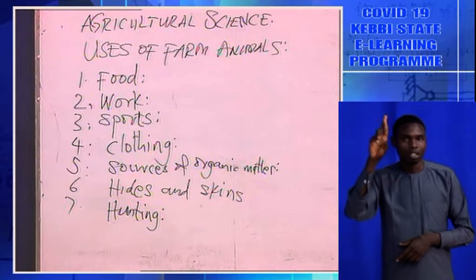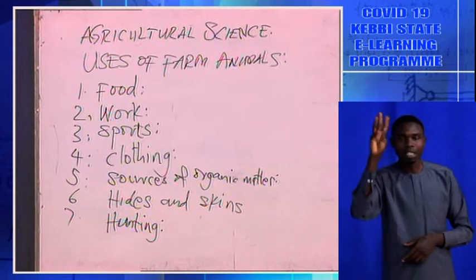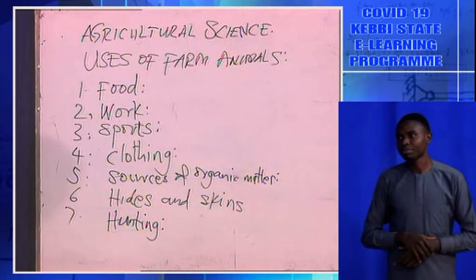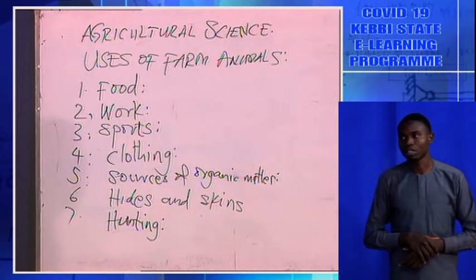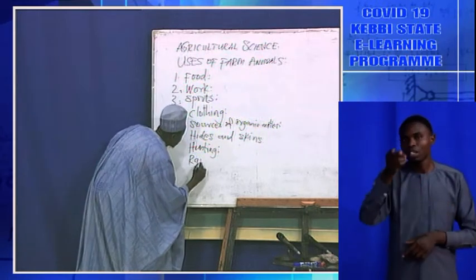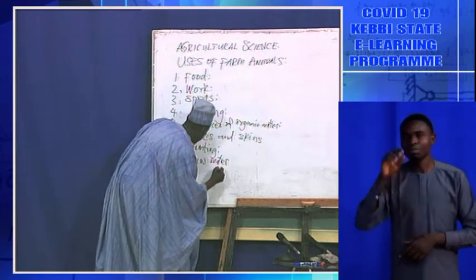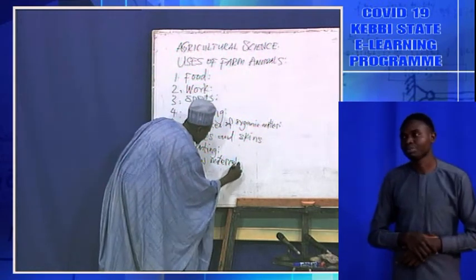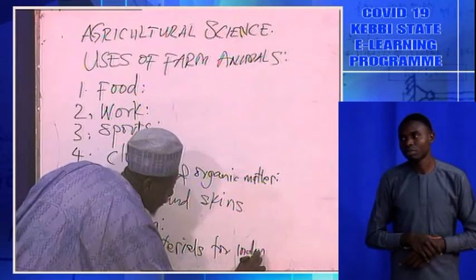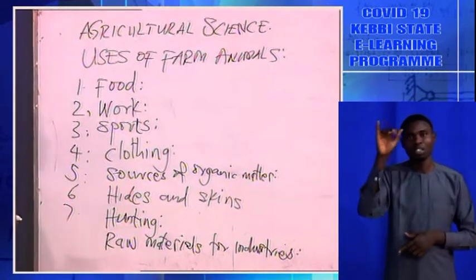Then the last one is, farm animals provide raw materials for industries. Apart from organic matter, raw materials for industries. We shall see them. All right, let us see them one by one.